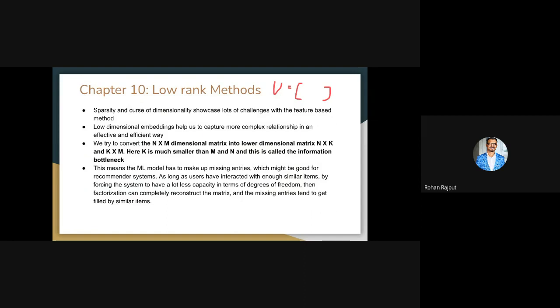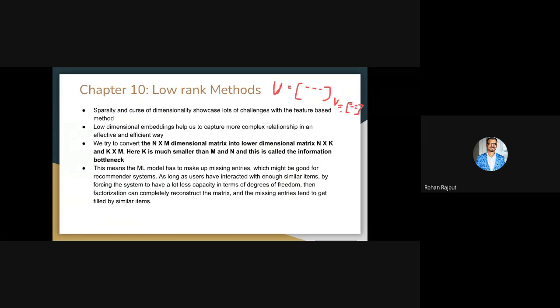These are sometimes raw features or encoded features where we do some kind of feature processing. And in the V vector, we use item features. Let's say V or I, whatever works for us. And these are raw item features.